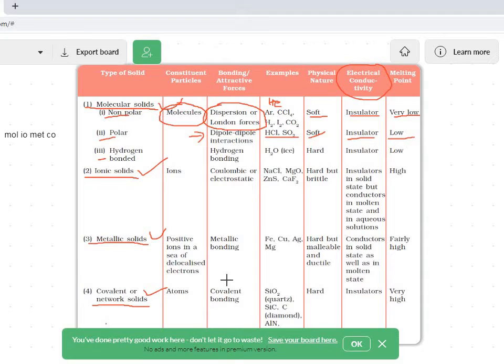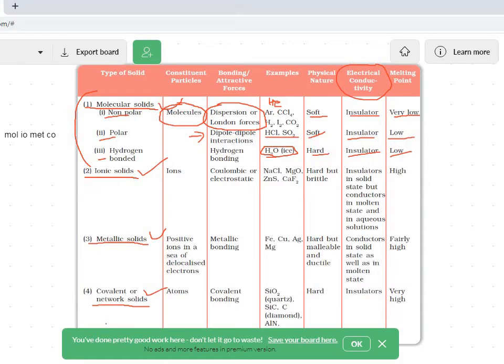We are talking about currently H2O in the form of ice, solidified water. It is hard, still it is insulator and low melting point. So please make sure it is insulator in this category, and they have very low melting point.